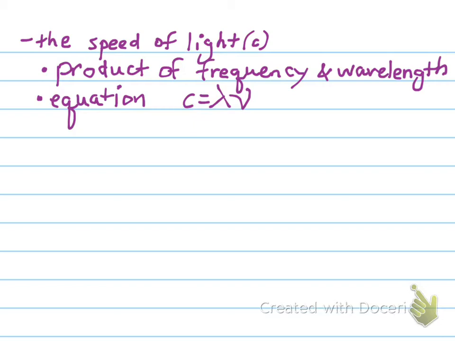Remember, when we manipulate this equation and we have wavelength on one side and frequency on the other, we get a fractional number, which tells us that this is inversely proportional.